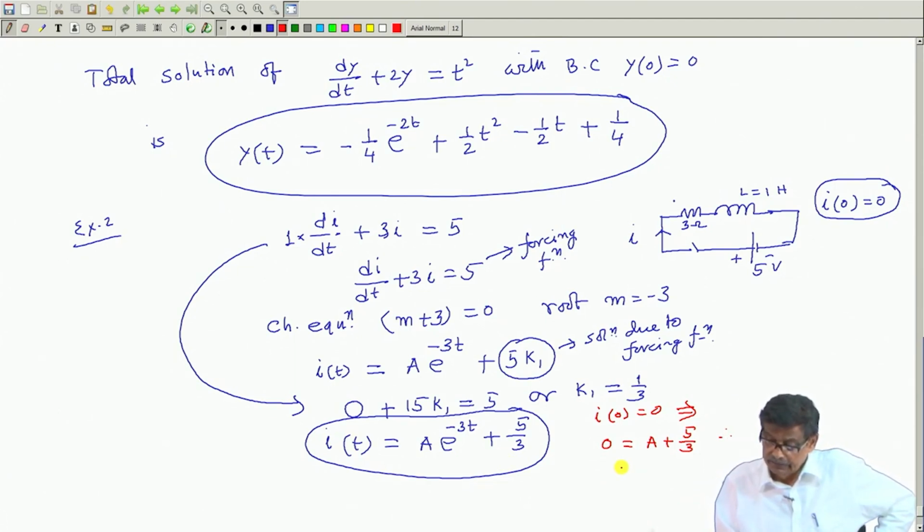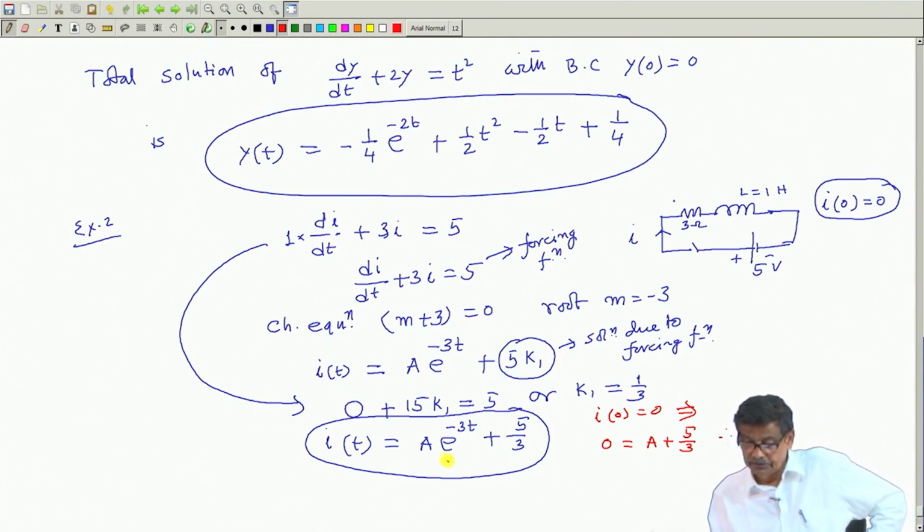This is the solution up to this, correct? k1 is 5 by 15, 1/3. So, at t equal to 0, it will be a plus 5 by 3. Therefore, a is equal to minus 5 by 3.